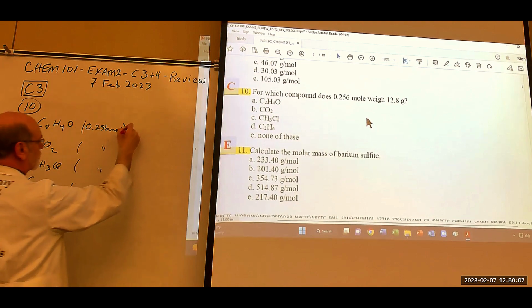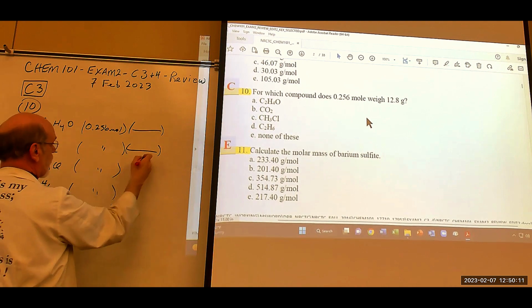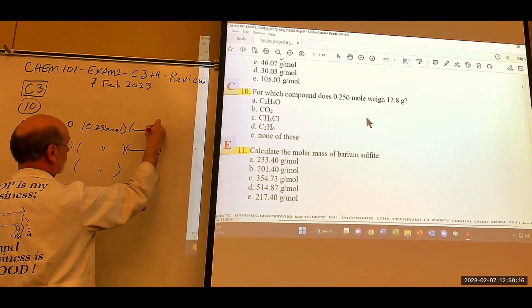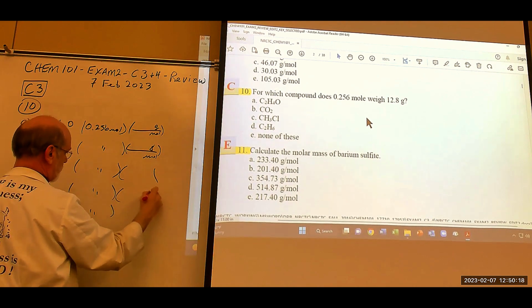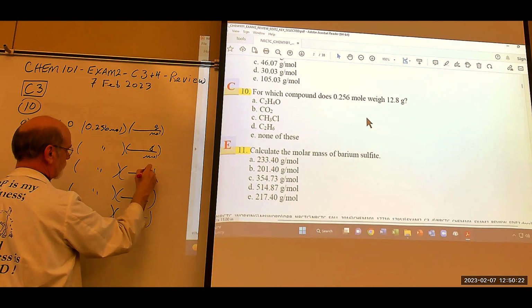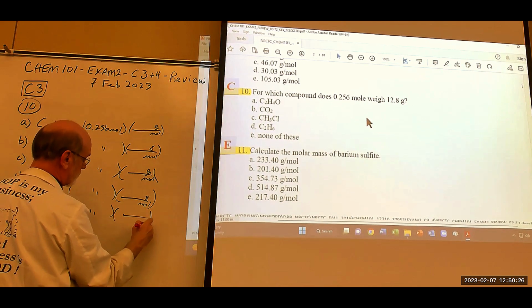Same thing all the way down. So what do we need? If we're going to convert it into grams, we need moles on the bottom, grams on the top, right? That means we need the molar mass for each one.